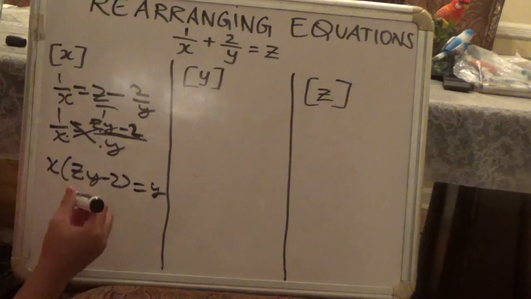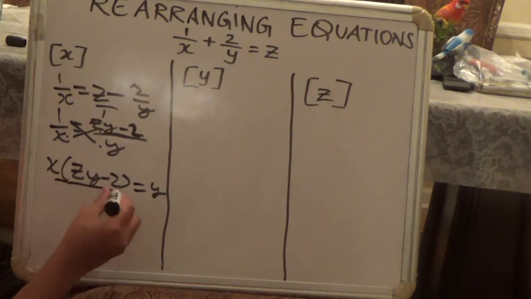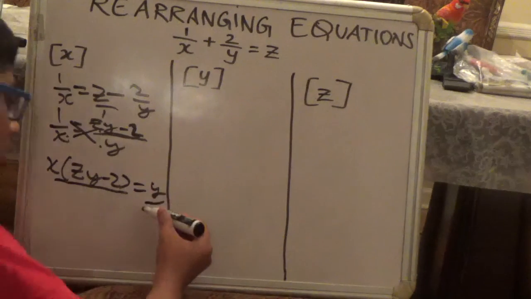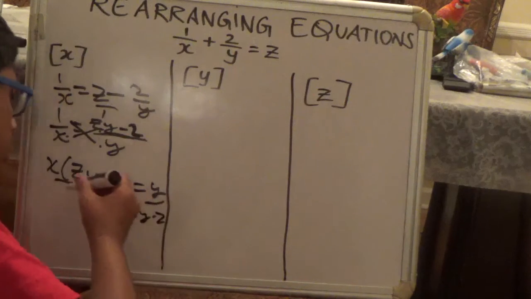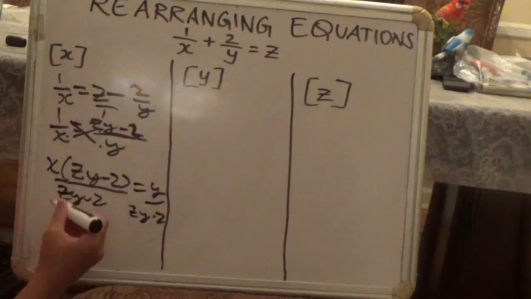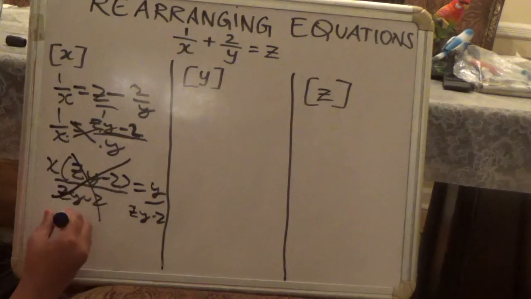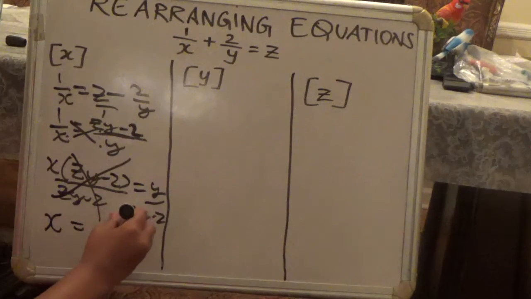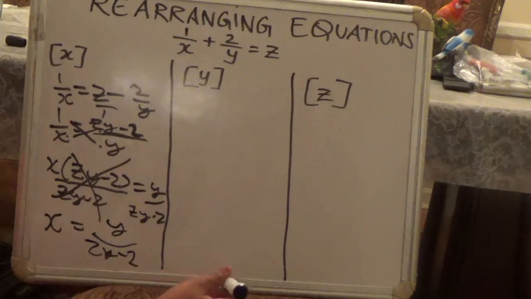Okay, so now that we have x times zy minus 2 equals y, we divide both sides by zy minus 2, and since zy minus 2 cancels on the left, x equals y divided by zy minus 2.